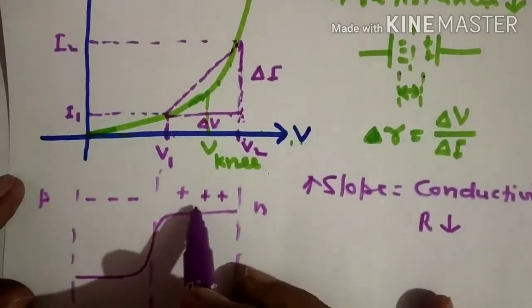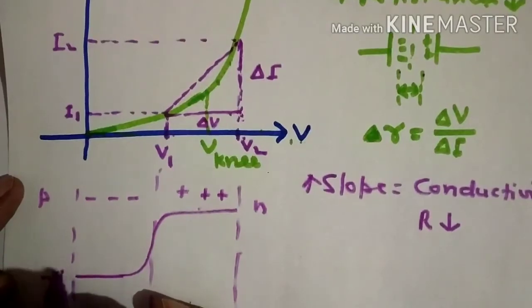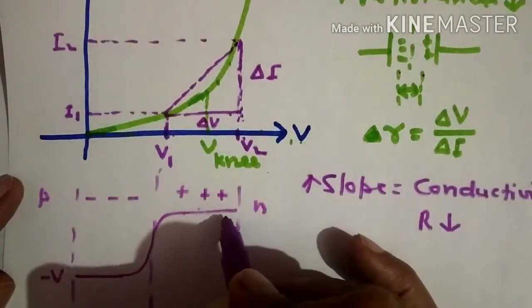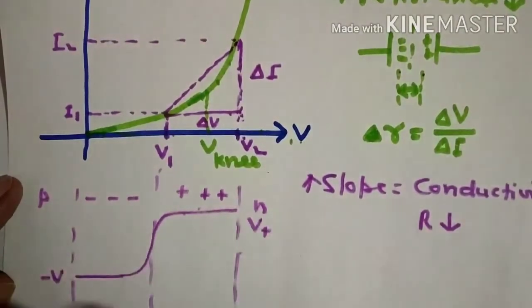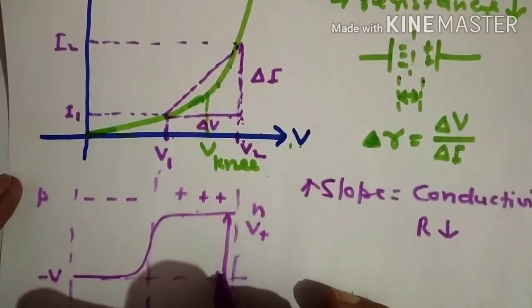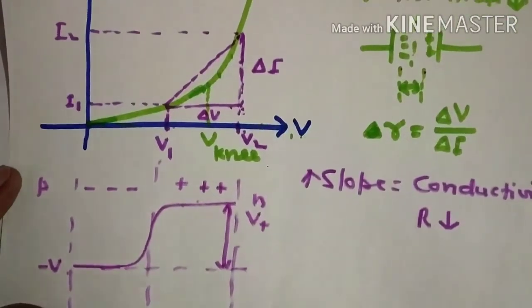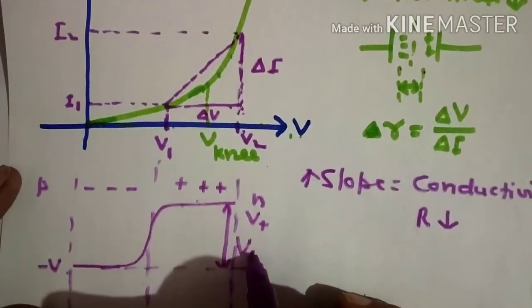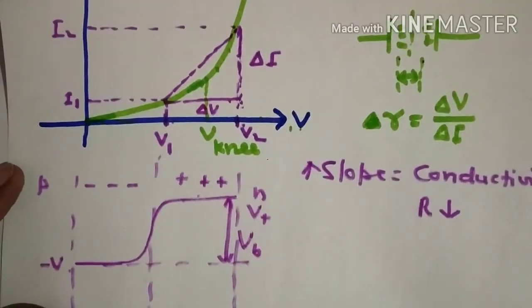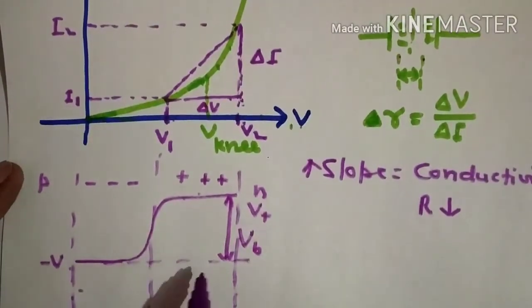So there develops a barrier potential. This is the negative potential and this is the positive potential. So there is a difference from the positive value to the negative value. That difference is called the barrier potential. Or in simple language, the potential difference across the depletion layer is known as the barrier potential.